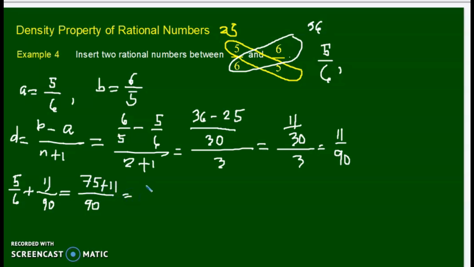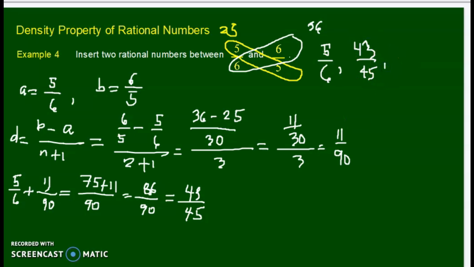So, we have 86 over 90. And 86 over 90 can be simplified into 43 over 45. Okay? So, yan yung pangalawa natin. 43 over 45. Or yung una sa nawawalang rational number.